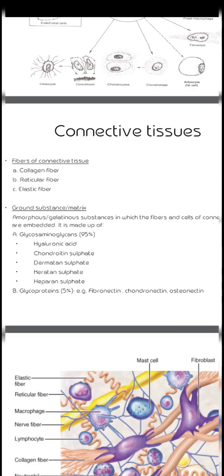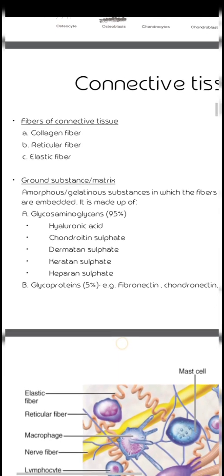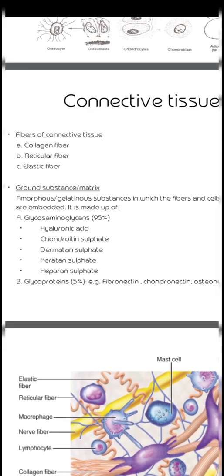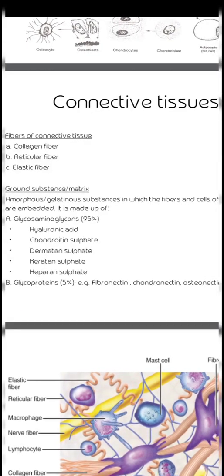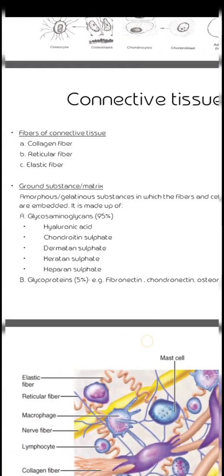Different types of fibers found in connective tissues are collagen fibers, reticular fibers, and elastic fibers. Whereas the ground substance found in connective tissue, or the amorphous gelatinous substance in which the fibers and cells of connective tissue are embedded, is made up of glycosaminoglycans and glycoproteins.